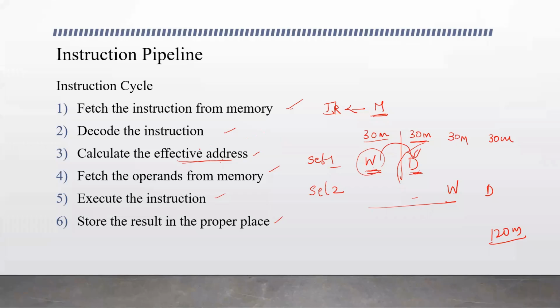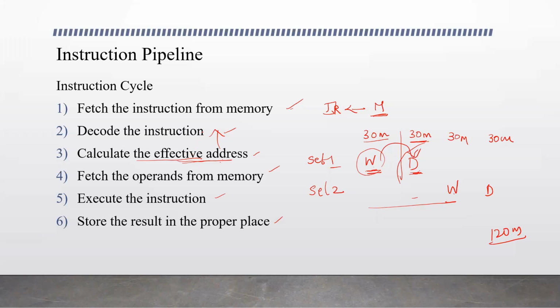So now let's assume that to perform this in 4 segments, fetching is done, and then decoding is done with calculating the effective address combined with it. So the second phase is decoding and calculating the effective address, to consider a 4-segment instruction pipeline.